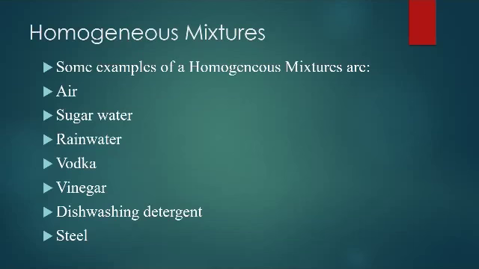If you have a detergent in your kitchen, for example liquid soap, or Sunlight, these are a combination of chemicals or substances, but they are uniformly added together. They are uniformly placed together, so it makes them homogeneous. Steel. Steel is also a combination of substances which is placed together uniformly.